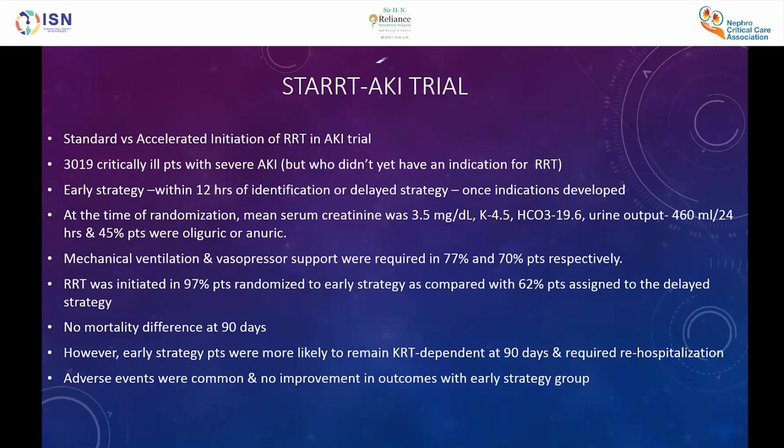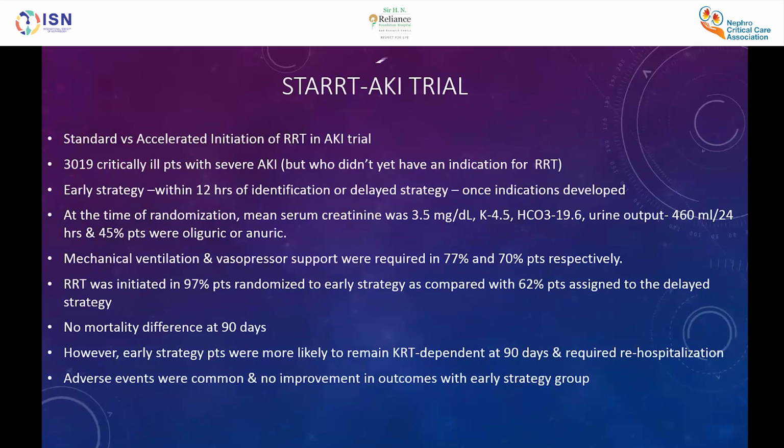At the time of randomization, mean serum creatinine was around 3.5, potassium was 4.5, bicarbonate 19.6, urine output around 460 ml per 24 hours, and 45% of patients were oliguric or anuric. RRT was initiated in 97% of patients randomized to the early strategy, as compared with 62% of patients assigned to the delayed strategy.